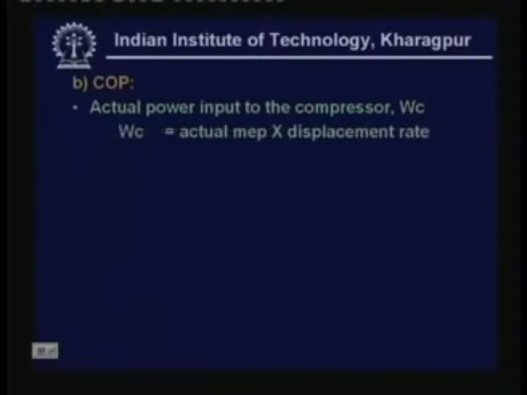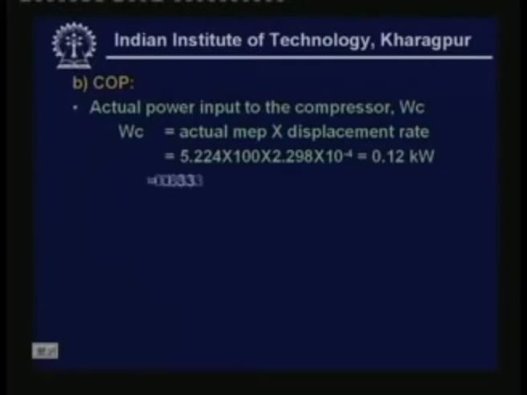Okay, so here the input is given that the mean effective pressure is 5.224 bar, and the displacement rate we have found to be 2.298 into 10 to the power of minus 4 meter cube per second. So if you substitute these values, you find that the actual power input is 0.12 kilowatt.